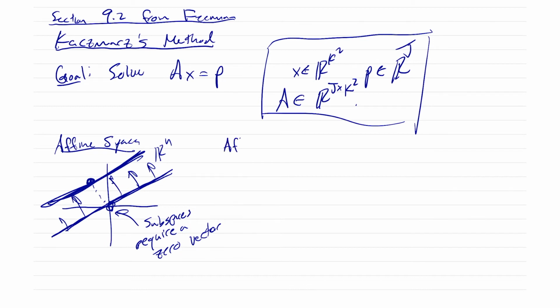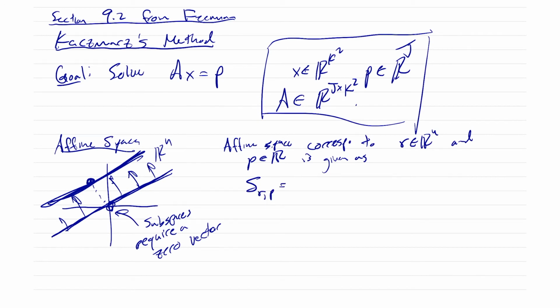So an affine space corresponding to a vector r in R^n and some p in the real numbers is given as S(r,p), equal to all x inside of R^n that satisfy x dot r equals p.